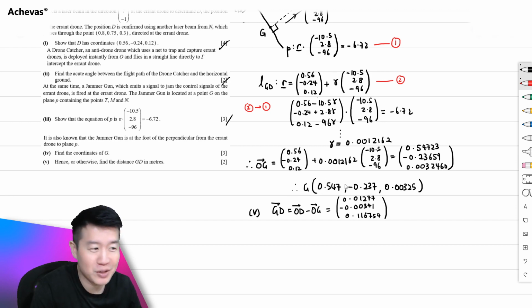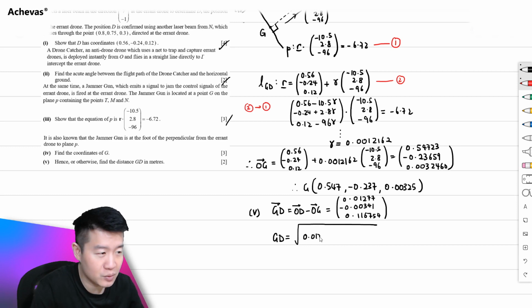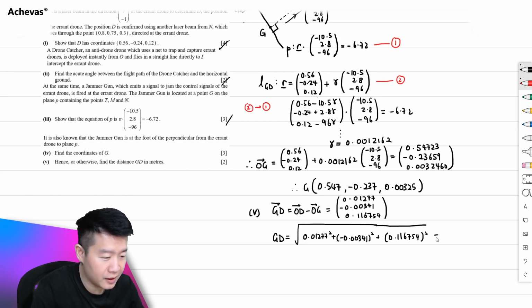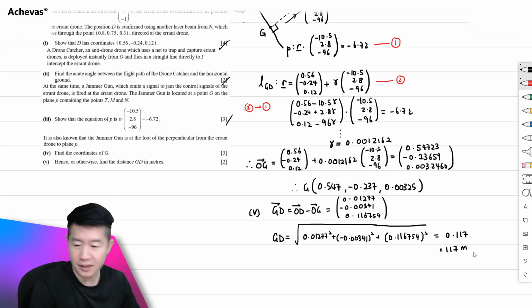Usually I'm okay, but this question is really very long. So GD will be square root of 0.01277 squared plus (-0.00341) squared plus 0.116754 squared, and this is 0.117. Oh, this is in km, so I must write this as 117 meters.